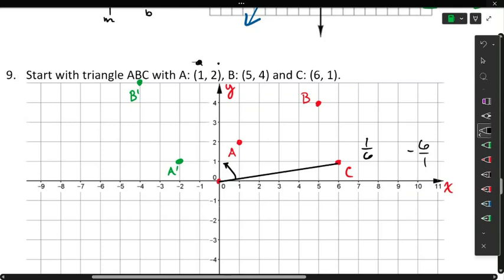Right here. So this point, which is unfortunately off the graph, that's the slope that I need to make that right angle. So I've got that right angle transformation there. So now I'm going to go ahead and plot that point. I'm using green for this one. And this is now C prime.